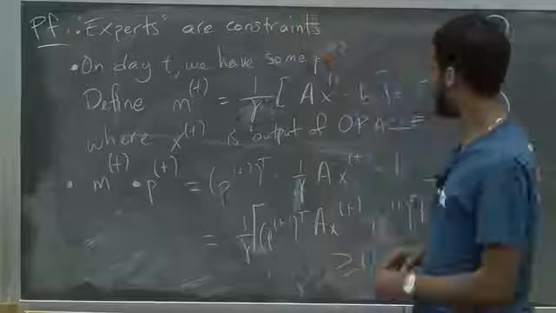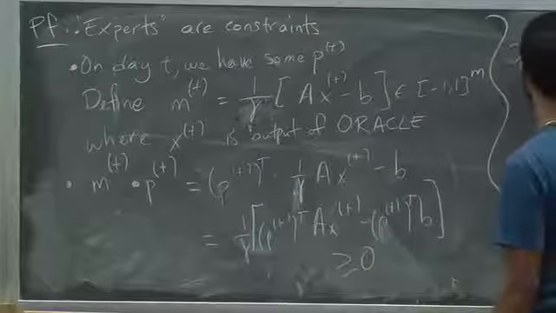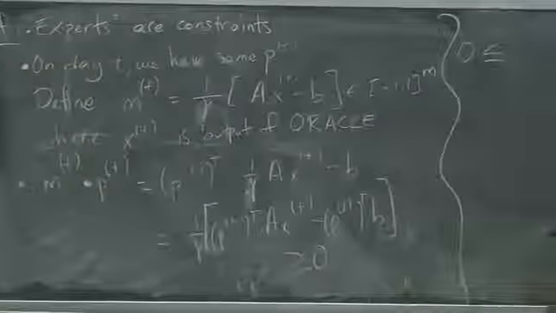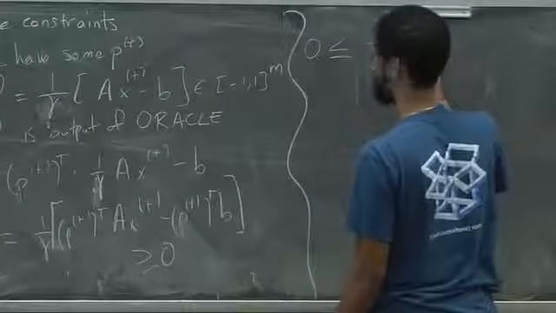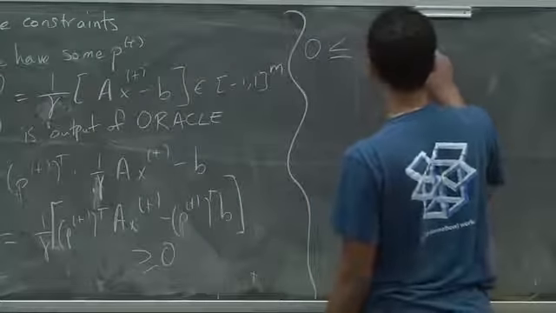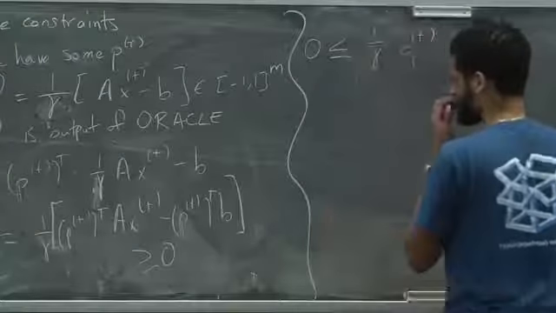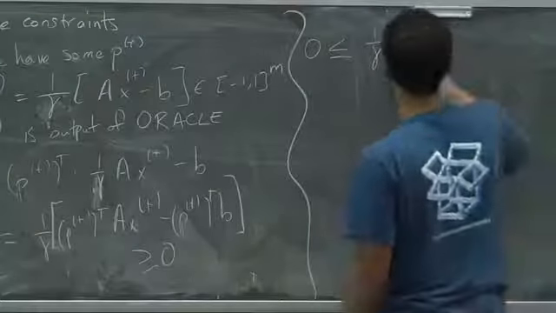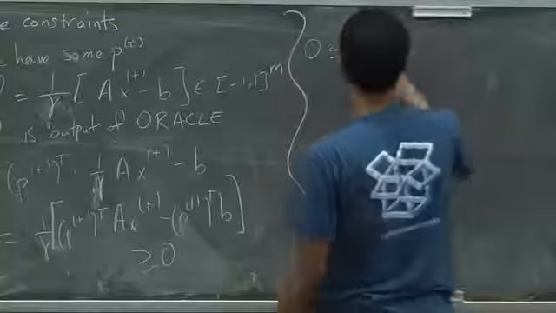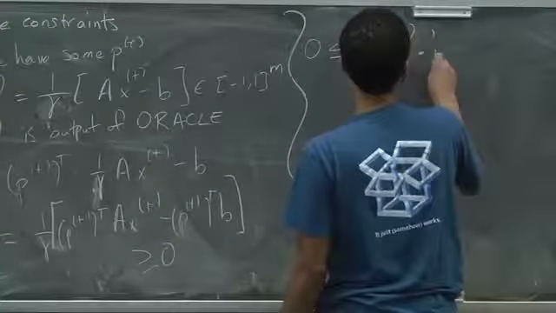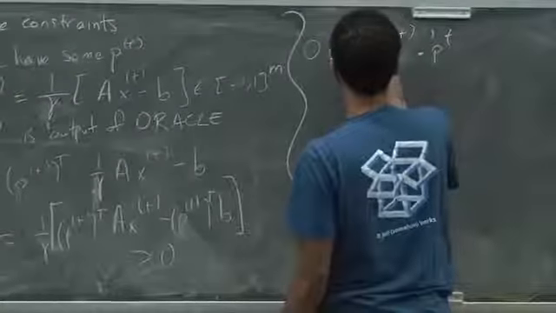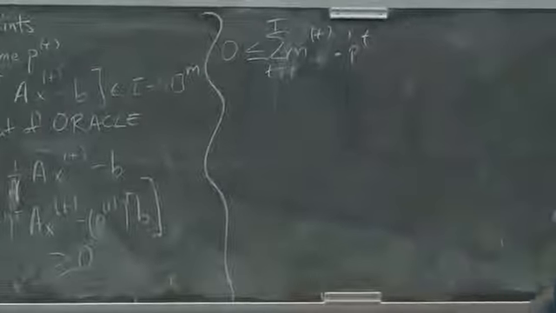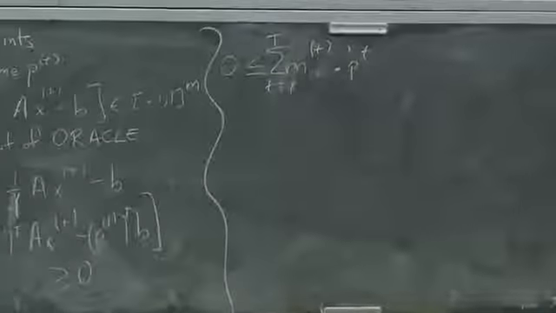So 0 is at most, let's say, mt dot pt. So we can sum over all t, and that's still true because each one individually is non-negative.